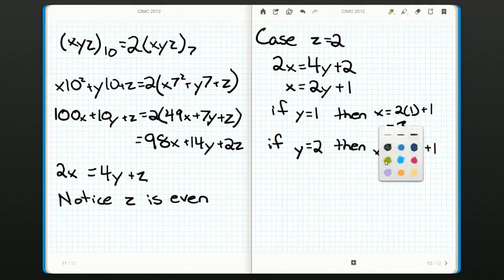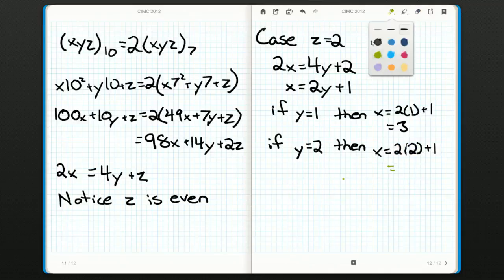Two times 2, so that's going to be, I've changed the color. There we go. It's going to be 5. 5, still a perfectly valid number for what we're dealing with.